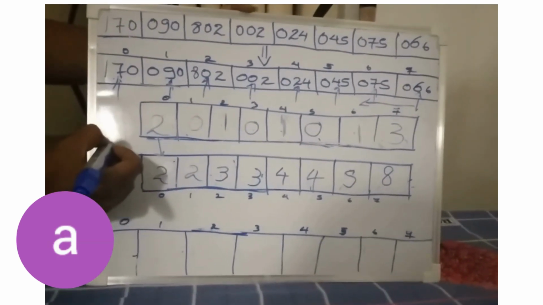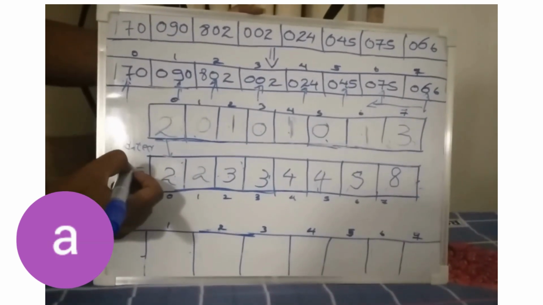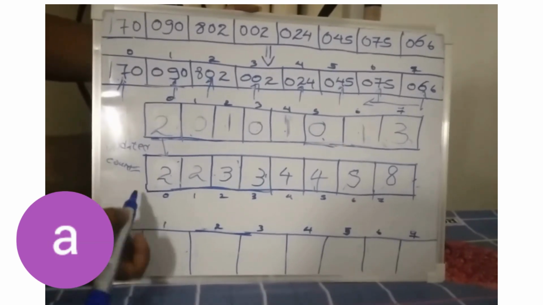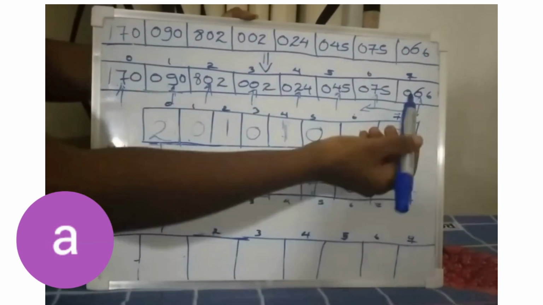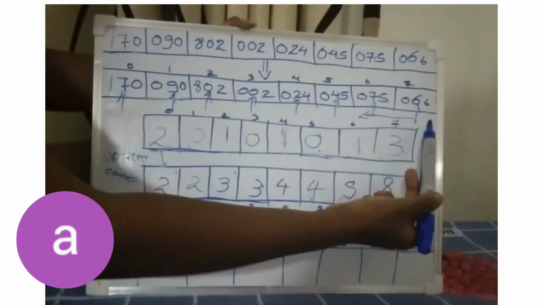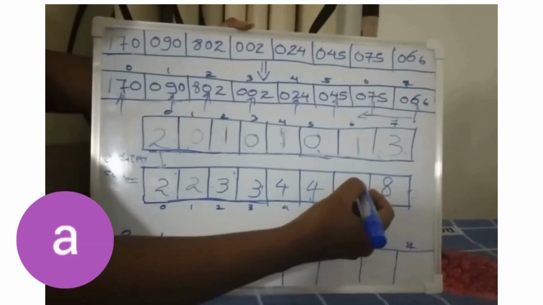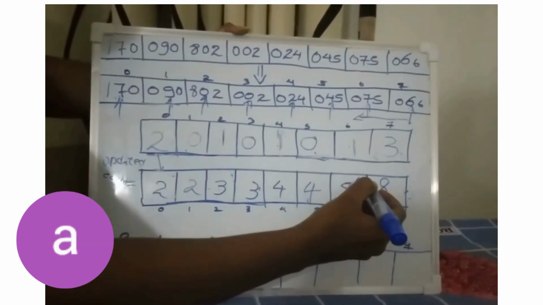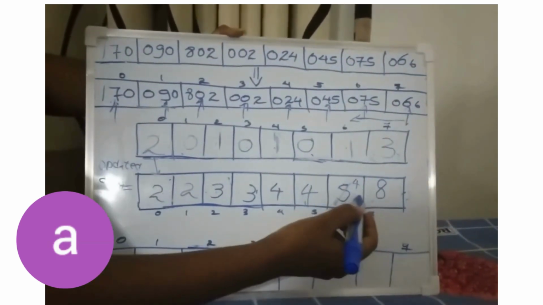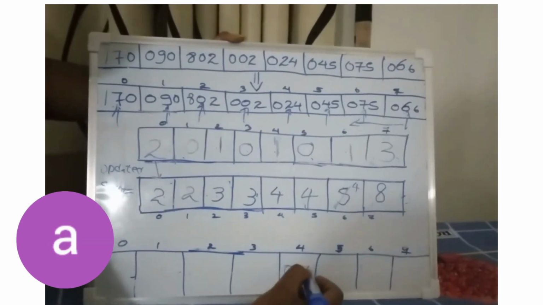When I am going to put 9, I also have a problem. We are asked to put 9, but because we have only 7 as the last index to pick, and 9 is greater than 7.